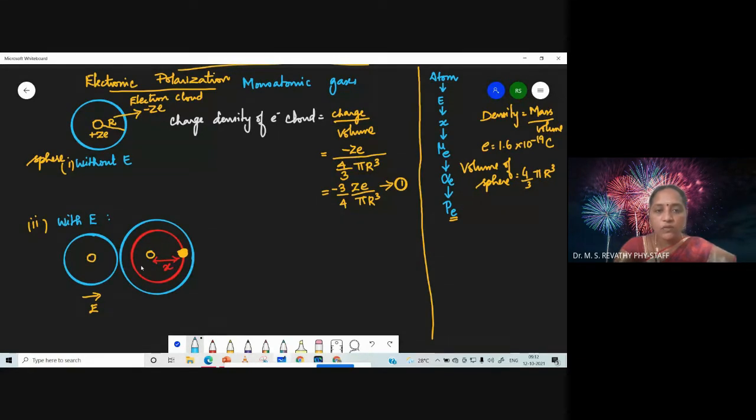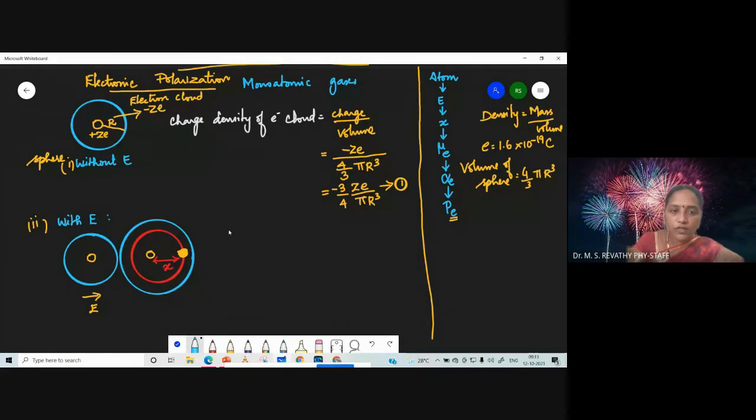What is Coulomb's force? Force between two point charges is directly proportional to the charges and inversely proportional to the square of the distance between them. This is called the Coulomb force. So the Coulomb force tries to maintain or bring them back to their equilibrium position, whereas the Lorentz force tries to repel them away.